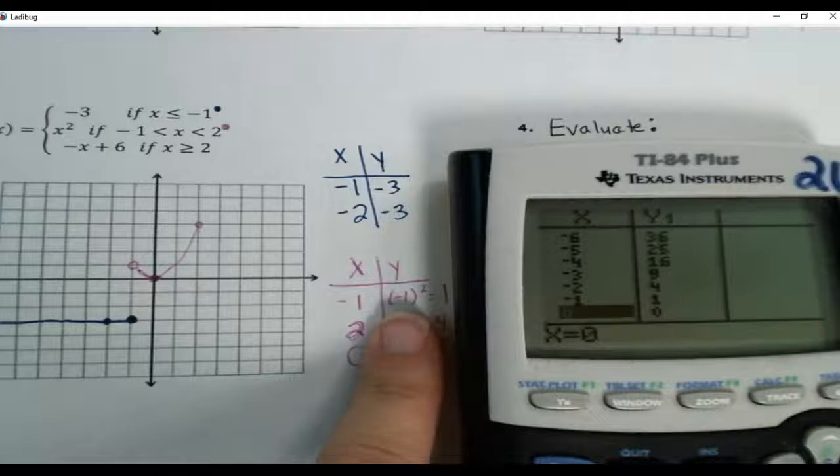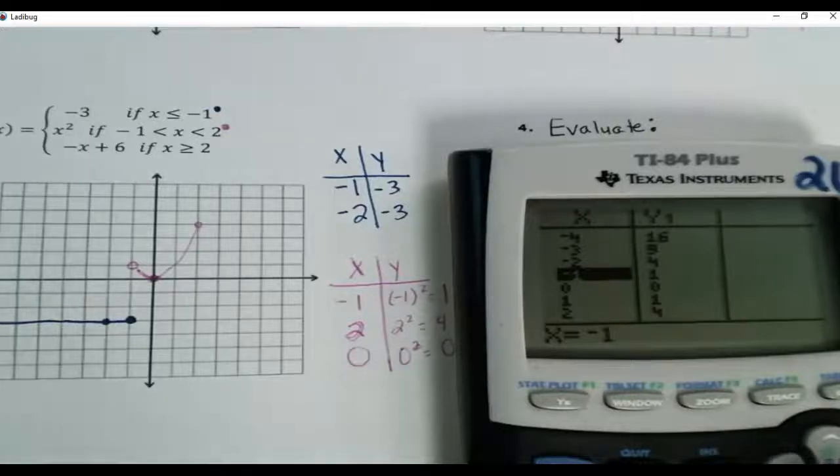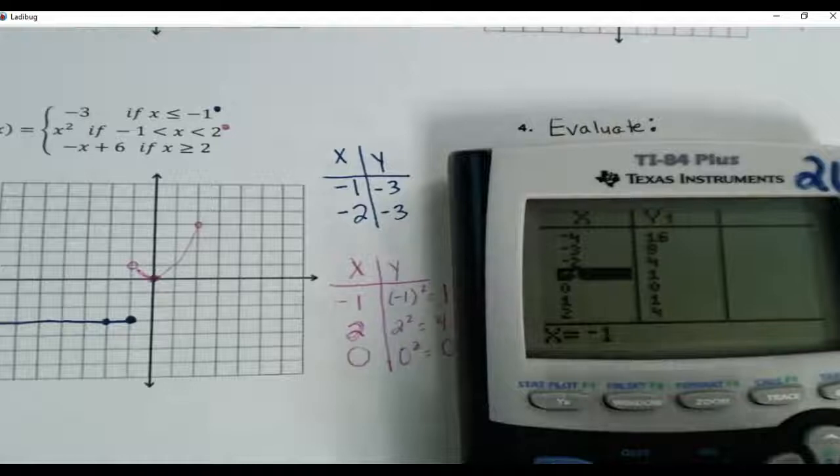And then you got 0, 0, 1, 1, and then there's our other point, 2, 4. So you can see from the table that that 0, 0 is that vertex. Okay. So if it's a quadratic, you just want to make sure you can type it in y equals and check your points on the table.